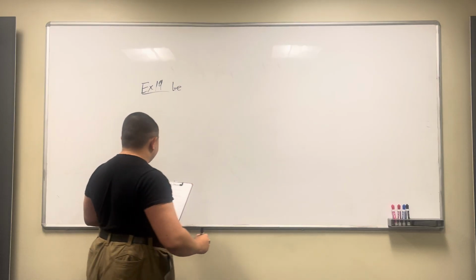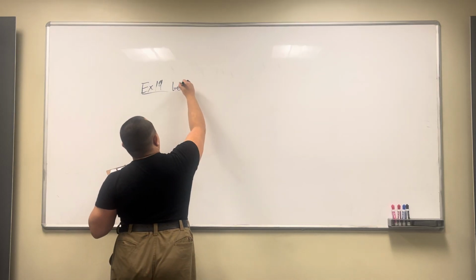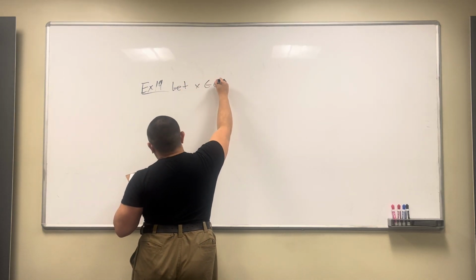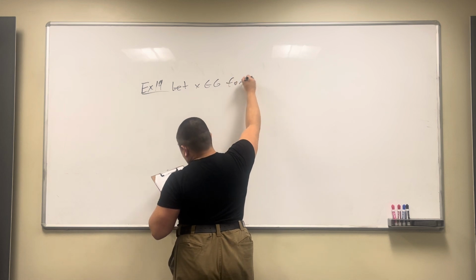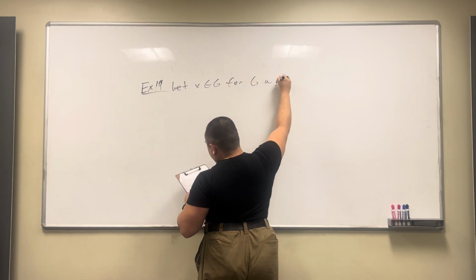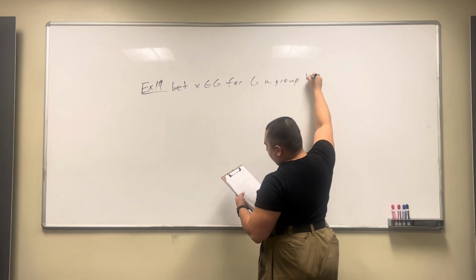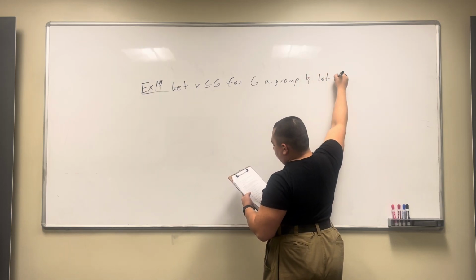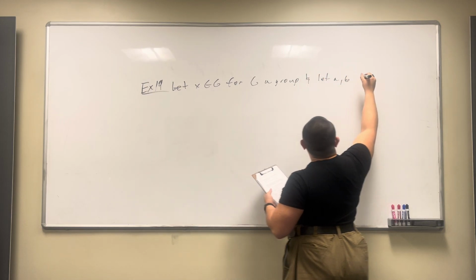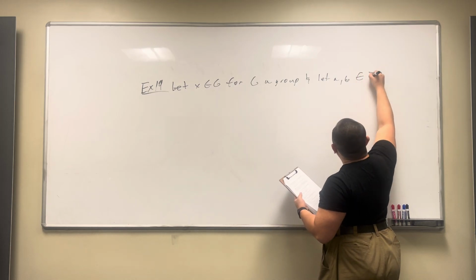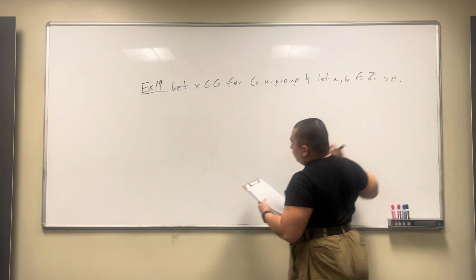So exercise 19, let x be an element of G for G a group, and let a, b be within the positive integers.